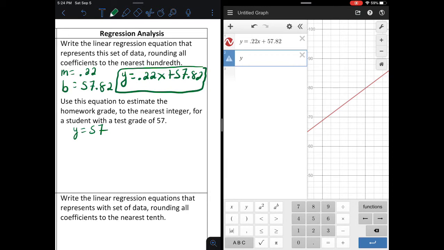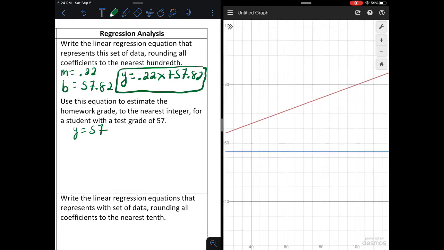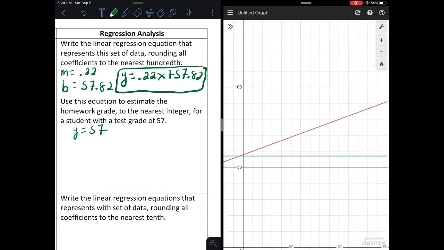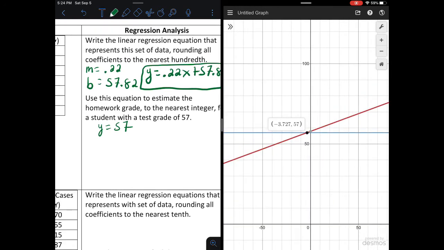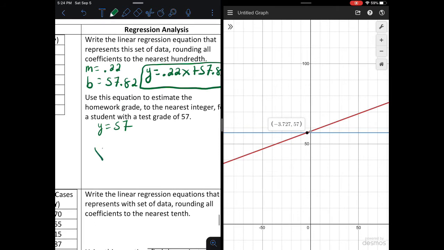Well, type y equals 57. And then you're going to look and say, when do the lines cross? And the lines cross when x is equal to -3.727, which tells me that x here says round to the nearest whole number, x would have to equal -4.